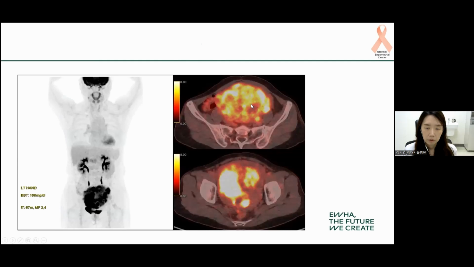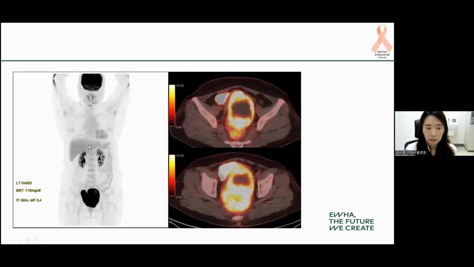So at first we thought it could be uterine sarcoma, and the pathology finding was carcinosarcoma. It's a high-grade endometrial stromal sarcoma, 95%, and carcinoma 5%.